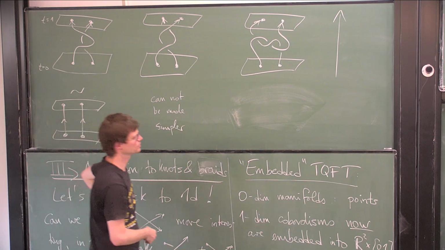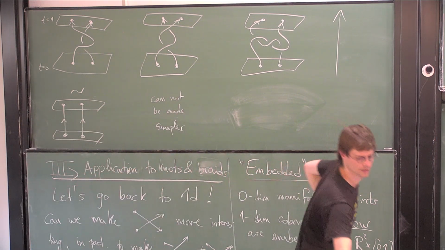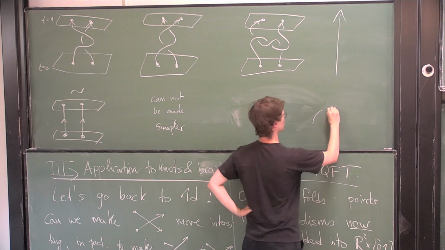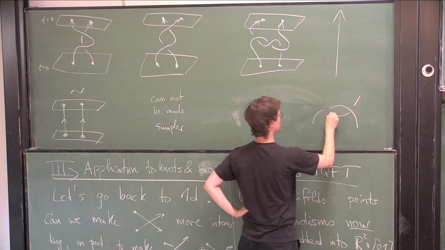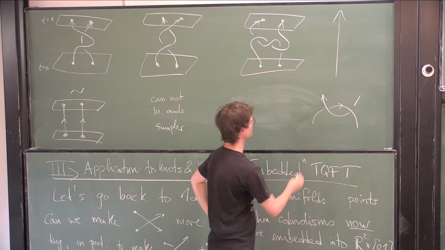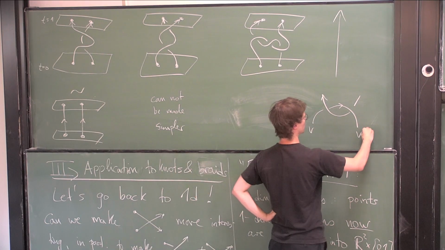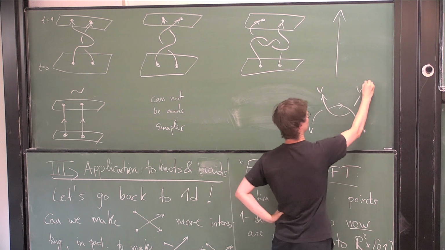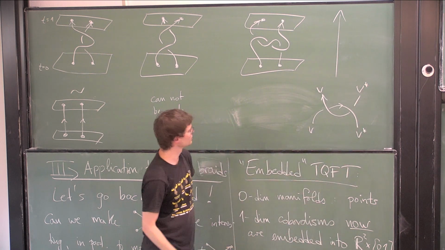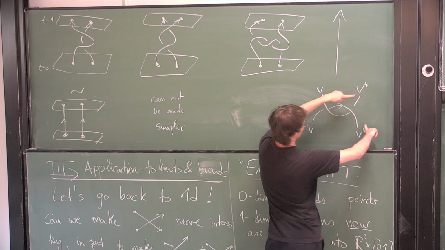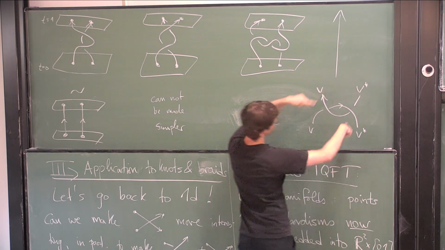Maybe it depends on how you orient them. So if this is V and this is V star... no, this is V and V star. You can move it like this or like this. You can undo the twist or not.